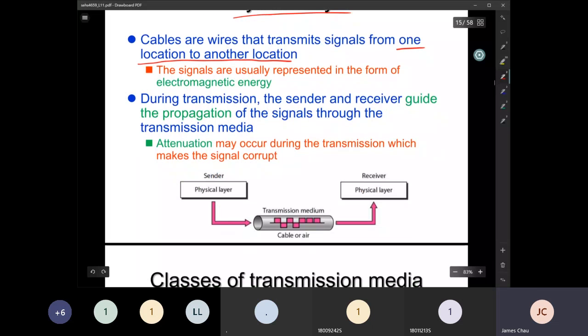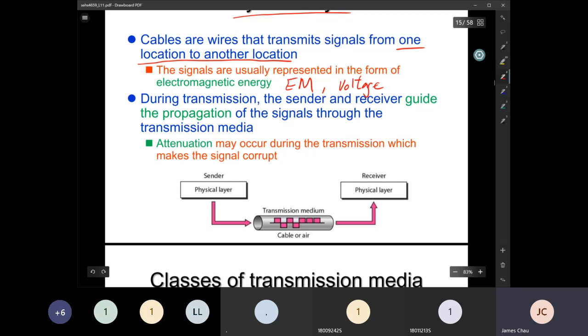And you can see from the bottom diagram that the sender in the physical layer sends a signal through the cable or media to the receiver, okay, under the physical layer. And the signal is usually represented in the form of electromagnetic energy. Okay, it can be an EM wave or voltage.